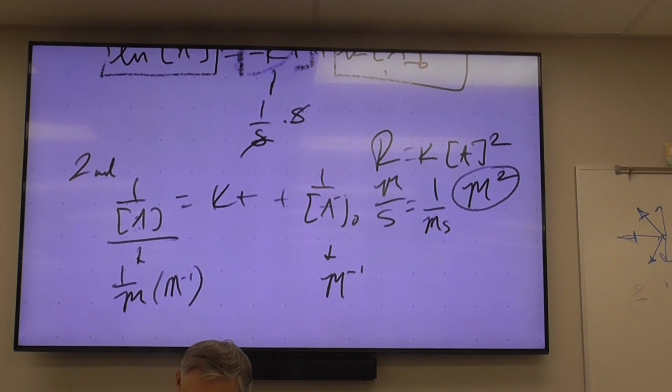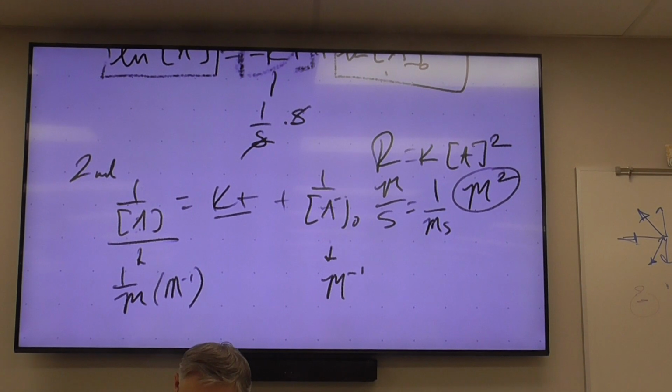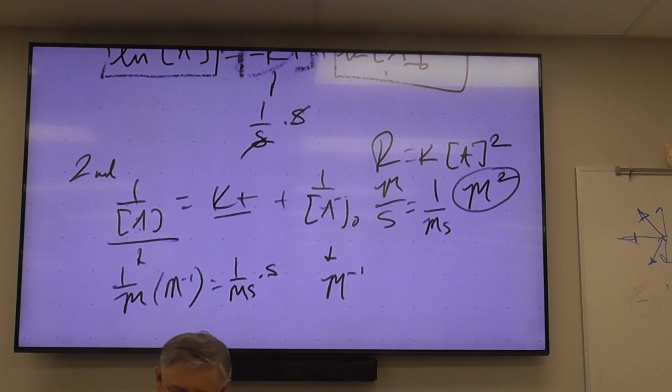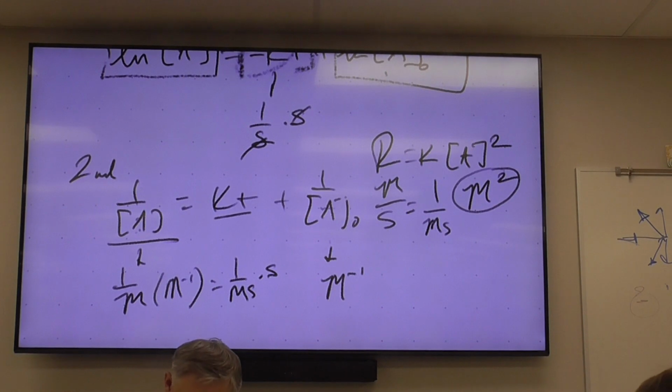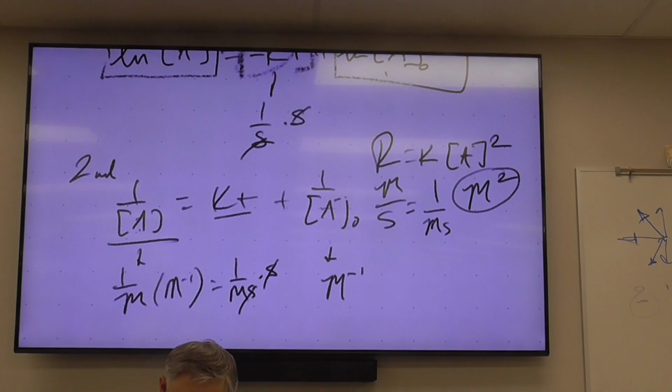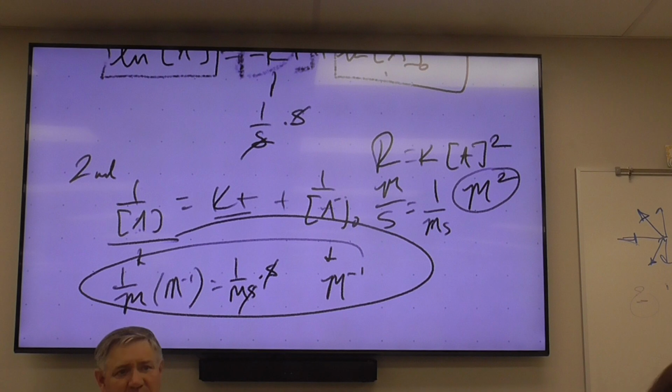So now, once I take 1 over molarity seconds times seconds, the seconds cancel out, I get 1 over molarity, everything's the same, and I can add them together. So this is why no matter what, if you're working in the first order, if you're working in the second order, the units of K have to be the same, no matter which version of this you're using.